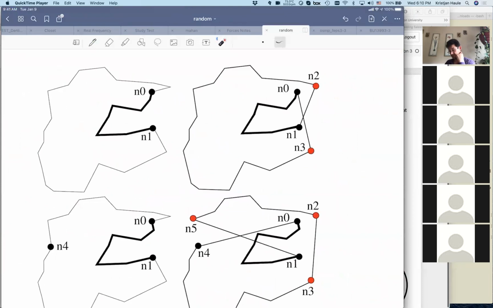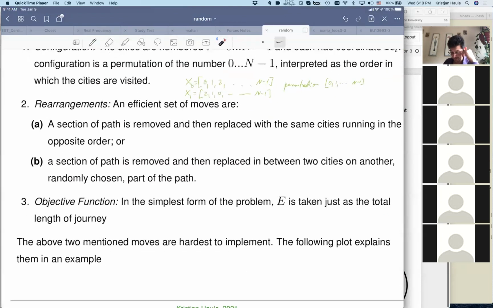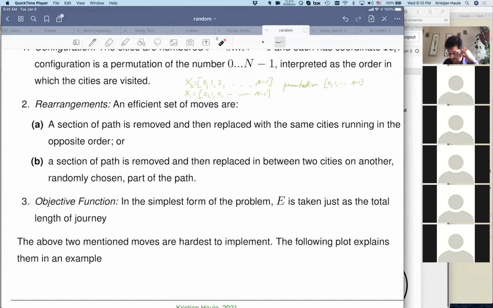It probably wasn't run for a long enough time. So this is one move, but in addition to this move, there is another move that seems to be pretty useful. The other move is the following: a section of path is removed and then replaced in between two cities on another randomly chosen part of the path.